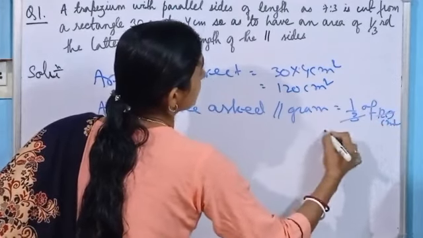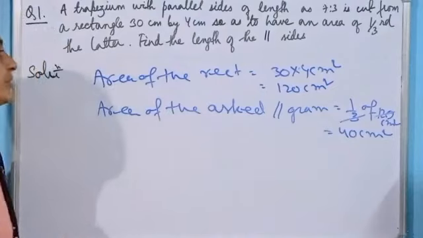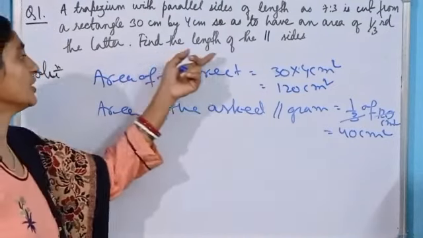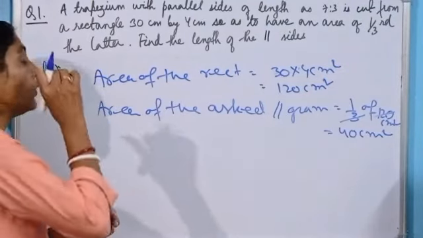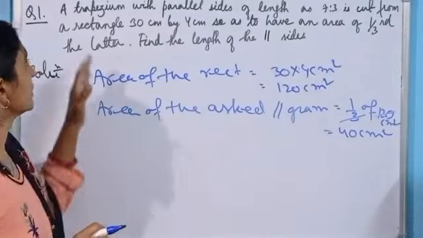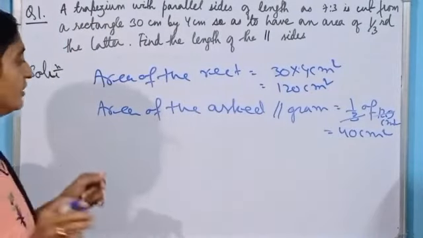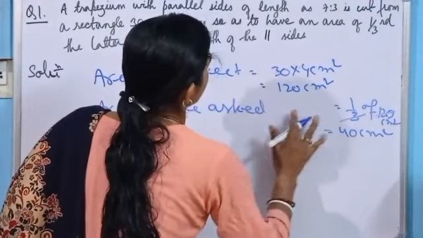So what you are getting, that is equal to 40 centimeter square. Now here you are asked to find out the length of the parallel sides. So what will you do in this case? Let's come to the solution part. Here it is a trapezium which has been given, not parallelogram. It is trapezium.